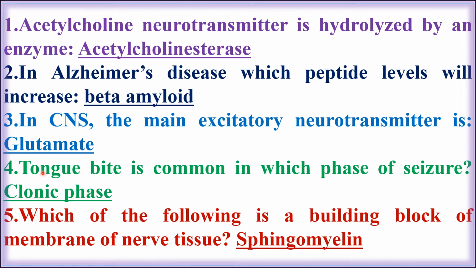Next, tongue bite is common in which phase of seizure? That is clonic phase. Next, which of the following is a building block of membrane of nerve tissue? That is sphingomyelin.